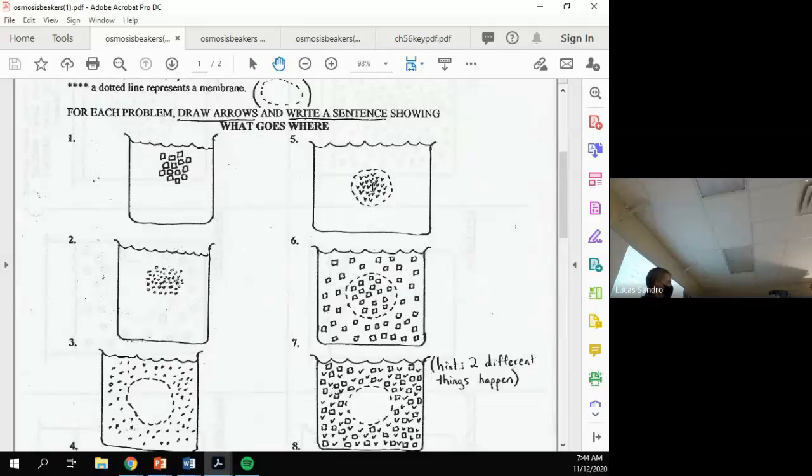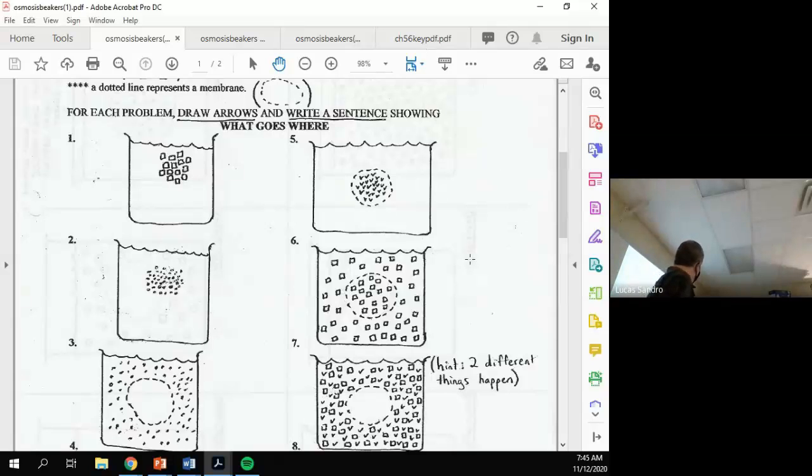You got the right idea, but it's never that nothing happens. What's really happening is random motion is still happening, but what's happening here is water is going in and out equally. That's the best way to say it. Water goes in and out equally. Riley, what did you say? Well, I was confused on that one too, but that's kind of what I was thinking. So that one basically is already at equilibrium, and so water is moving in and out equally.